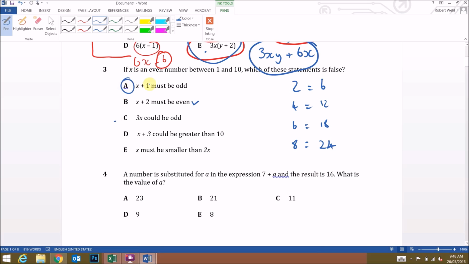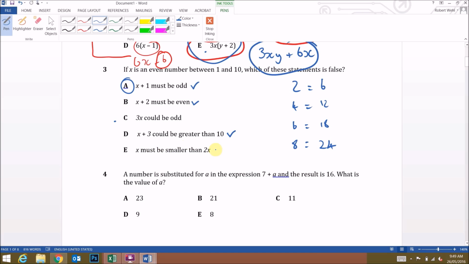Just going back to A, sorry, x plus 1 must be odd. That is true, because if we have any of these numbers and we add 1 to them, they all become odd. X plus 3 could be greater than 10. Well, that's true, because if we add 3 to 8, it will be greater than 10. X must be smaller than 2x.